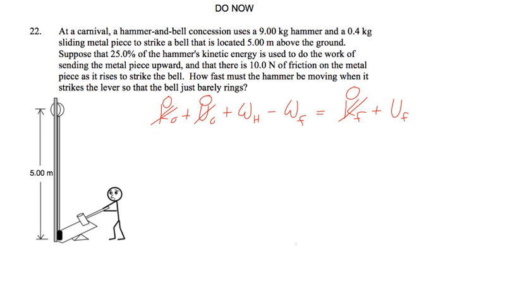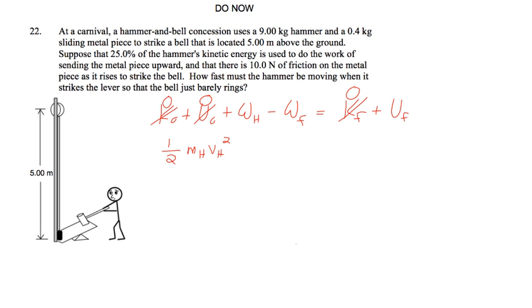And the thing is that the work from the hammer is due to the kinetic energy that the hammer has when it makes contact with the lever. So I am going to be replacing the work from the hammer with 1/2 m for the hammer, velocity of the hammer squared.